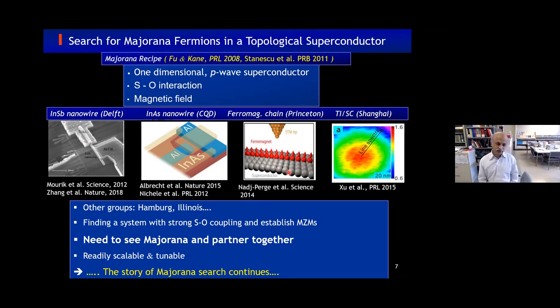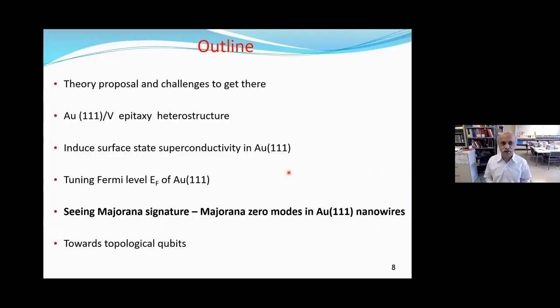So that way, we think that the story for the Majorana is continuing, and we are seeing some very promising results based on this gold system, as you can see as we go along. Now, briefly, the outline is to tell you what the theory is expecting and what the challenges are to actually reach there. The next is to create this layering system.